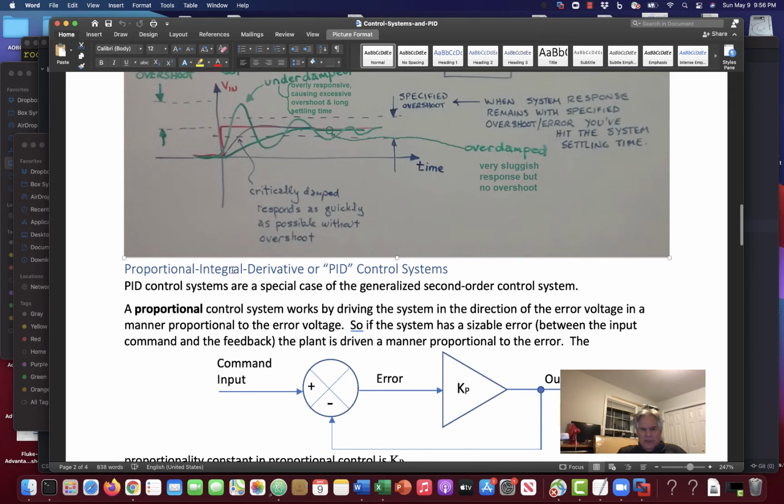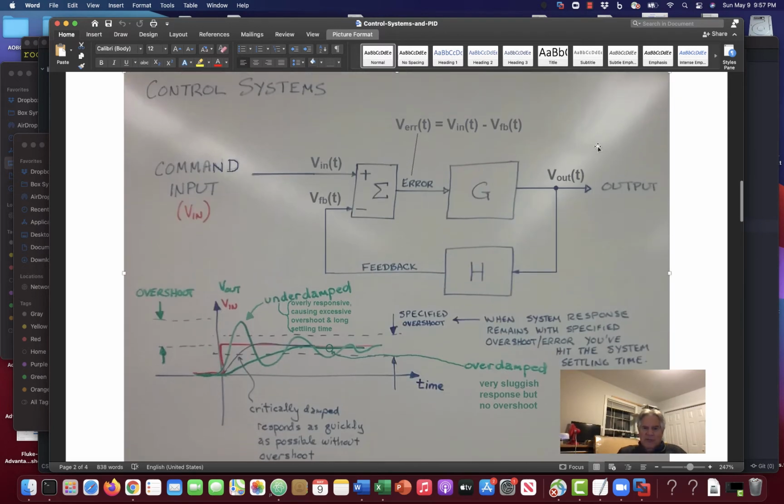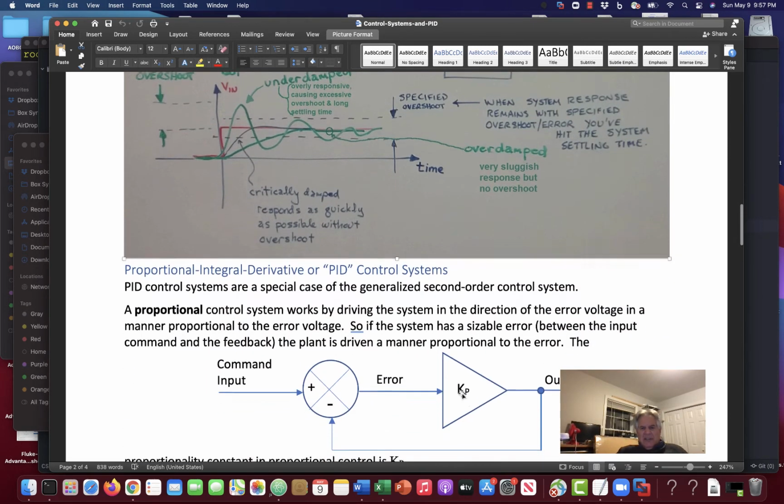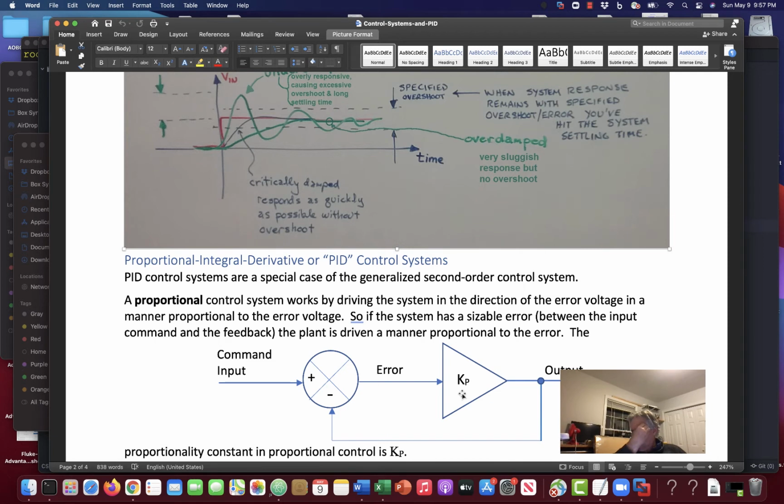The kind of control systems that are often talked about in terms of this, because they're so successful, are the control systems you study in a 4-year college. You start off with what are called generalized second-order control systems. Don't even worry about what that means. It's just that those control systems tend to be characterized by 3 numbers: a damping factor, a natural frequency, and usually a DC gain.